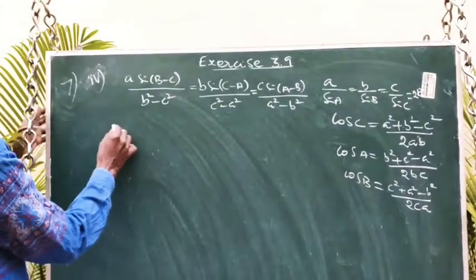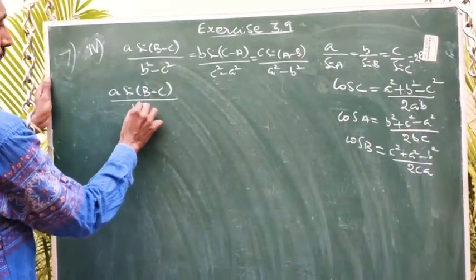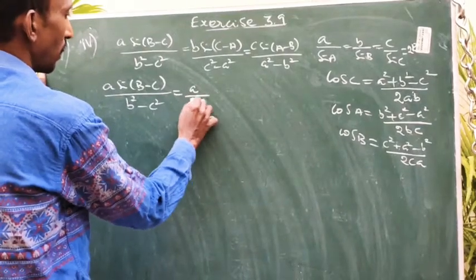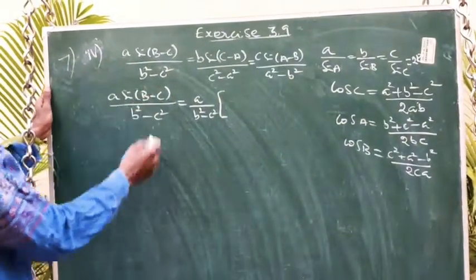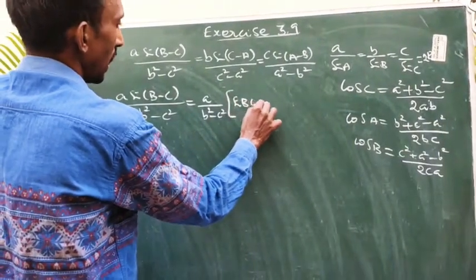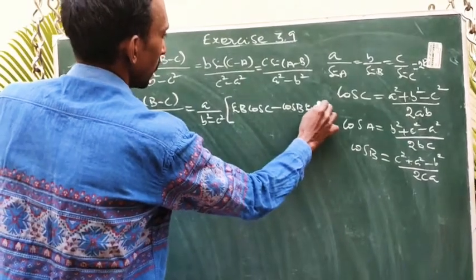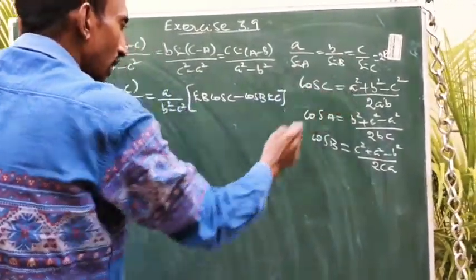So take the first term alone, a sin(B minus C) by b square minus c square. So a by b square minus c square. Remaining, apply the sin(A minus B) formula: sin B cos C minus cos B sin C. Again we are going to apply the sine formula and cosine formula.